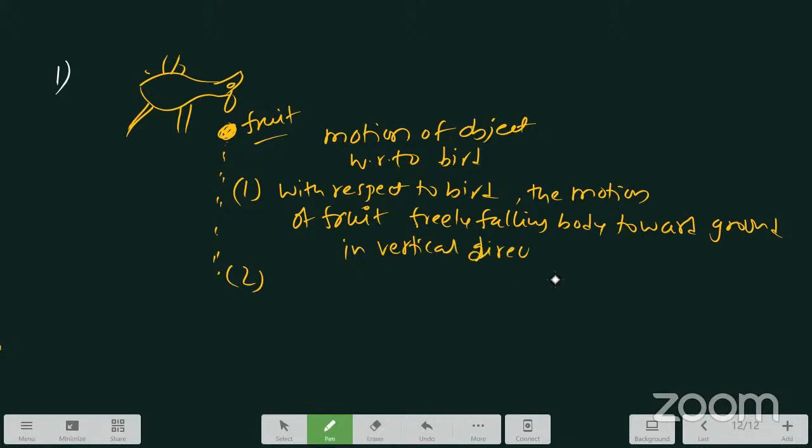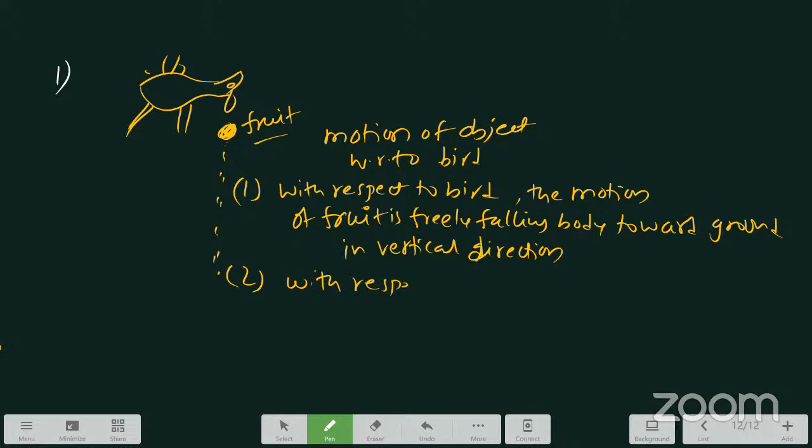So, what is the motion of the fruit with respect to the bird? It is moving downwards under gravity. With respect to the bird, the motion of the fruit is a freely falling body towards the ground in the vertical direction. What about the person?